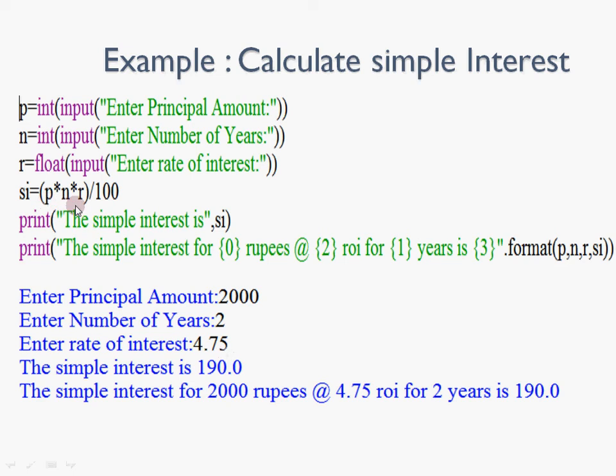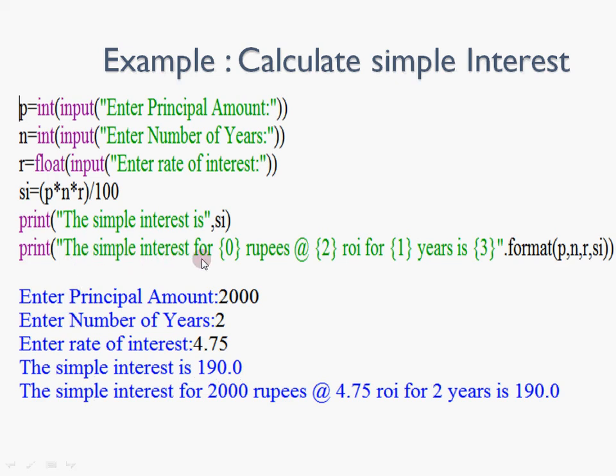Next, this expression is calculated, that is 2000 into 2 into 4.75 divided by 100, and the value is assigned to SI. This print statement gives this output. The simple interest is the calculated value 190.0.